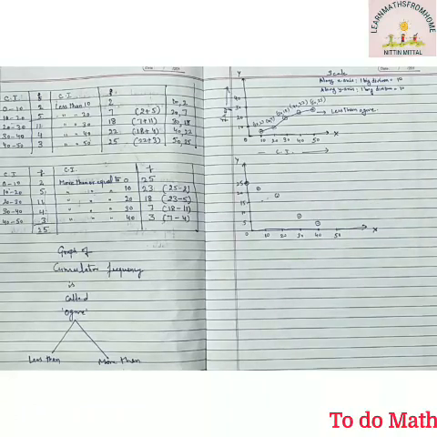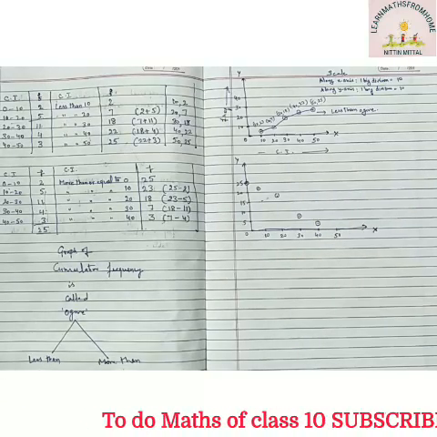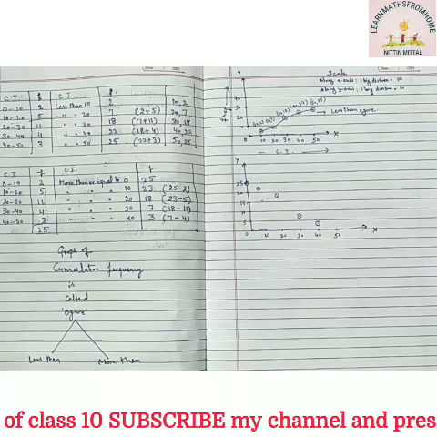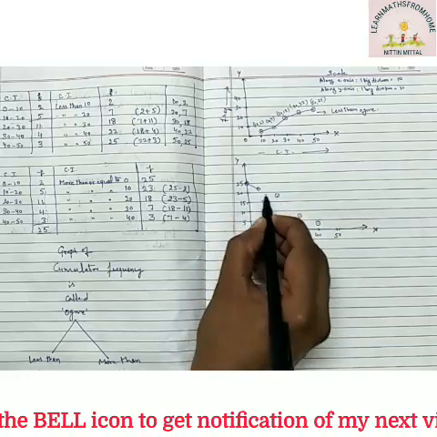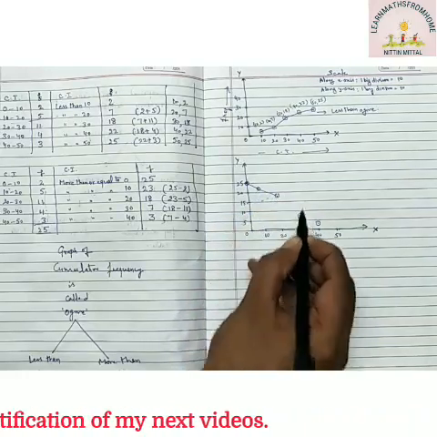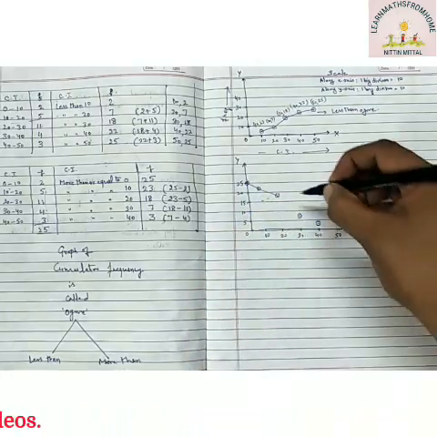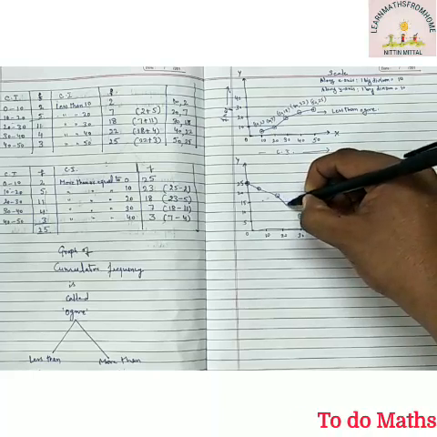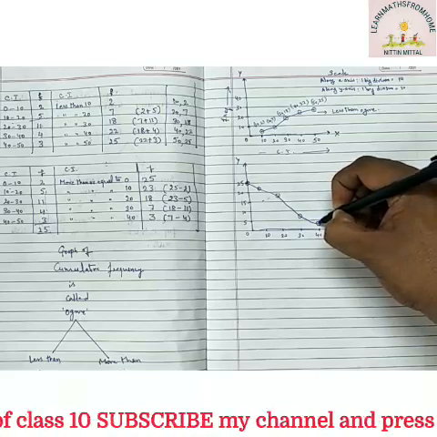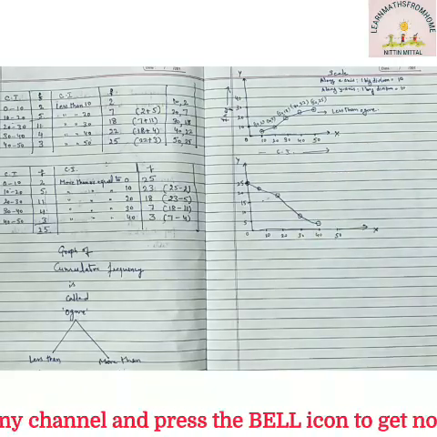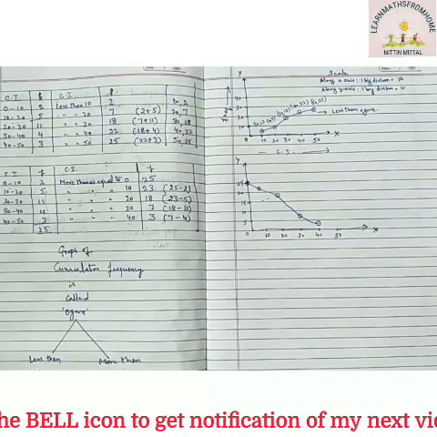So after plotting all the points, we will join the points to make a curve. So here we will join two points at one time. You may use the scale. So this curve is called more than type ogive.